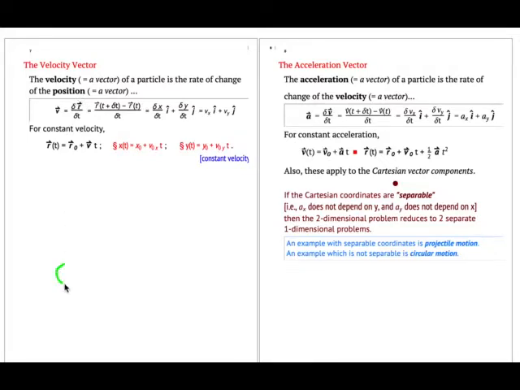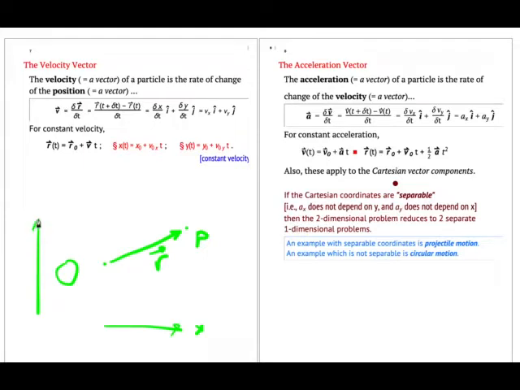So let's suppose I have the origin here. The particle is here. So there's the particle. r is this vector. So this is the vector r. And I could project that onto x and y axes.